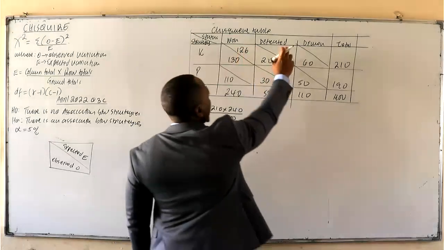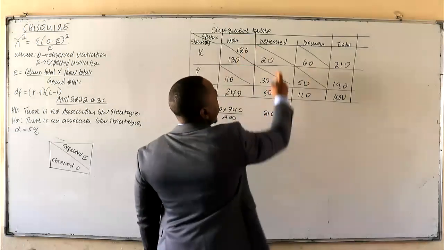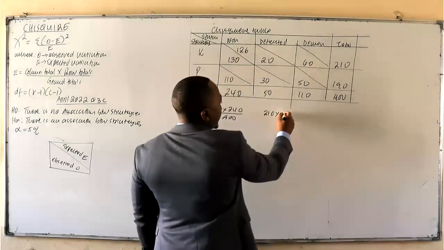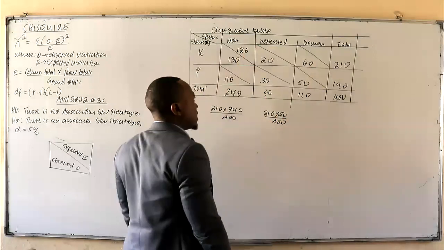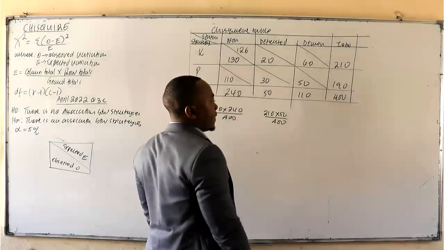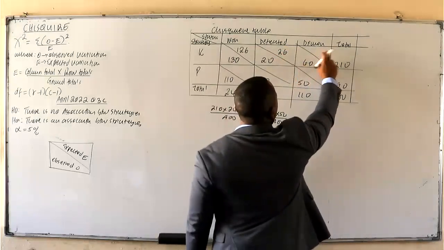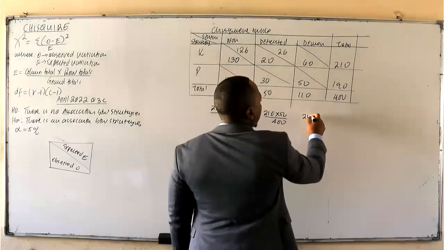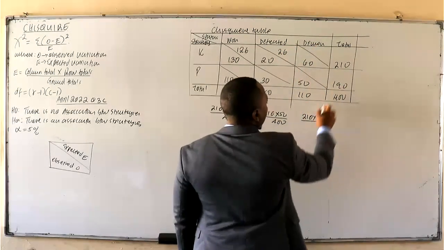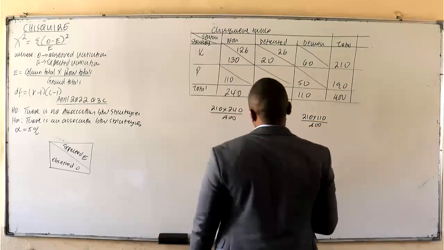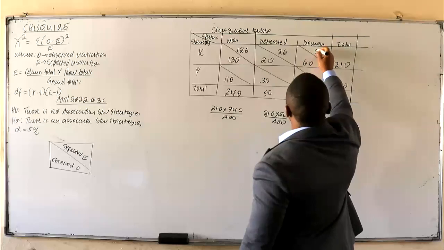126. What about this one? For this, you'll take 210, multiply by 50, and divide by the grand total of 400. To get this, you take the total 210 times 110 over the grand total of 400. What do you get? 58.